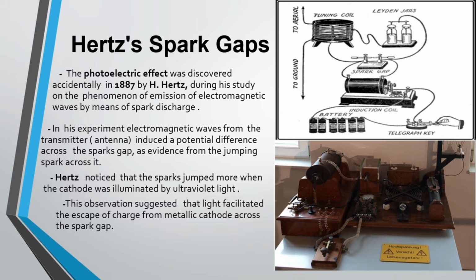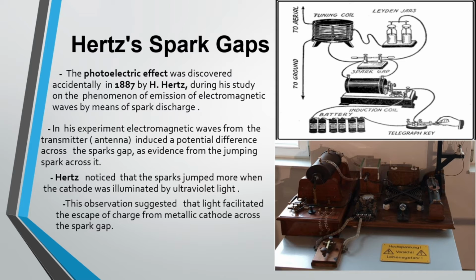Now, the photoelectric effect was basically discovered accidentally by H. Hertz in 1887 during his study on the emission of electromagnetic waves by means of spark discharge. In this experiment, electromagnetic waves from the transmitter antenna induce a potential difference across the spark gaps.